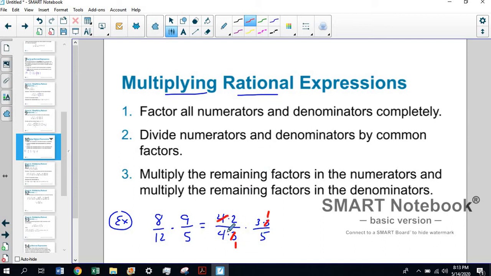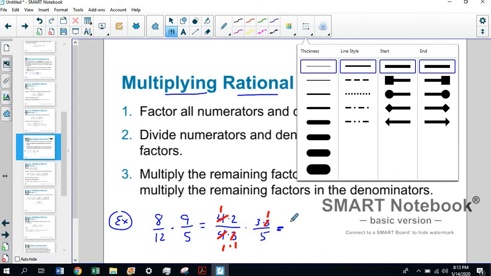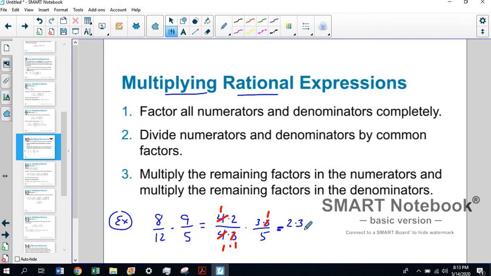We can divide the 4's away and leave a 1. Still multiplied, okay? And so then we multiply across the top and we get 2 times 3 across the top, and we get 1 times 5 across the bottom, and you get 6 over 5.